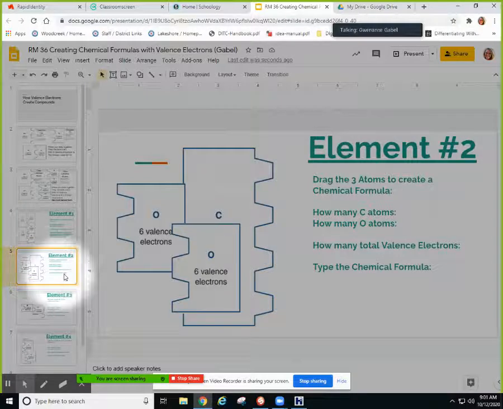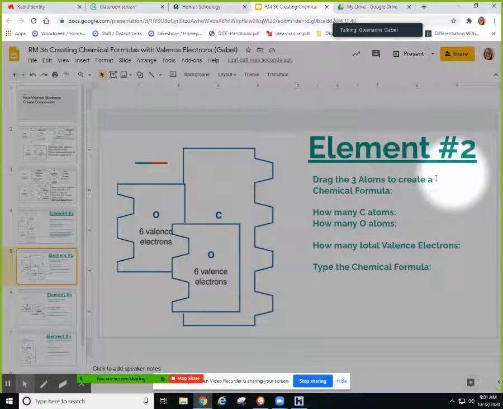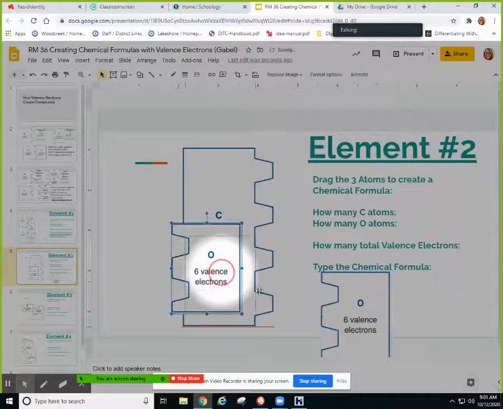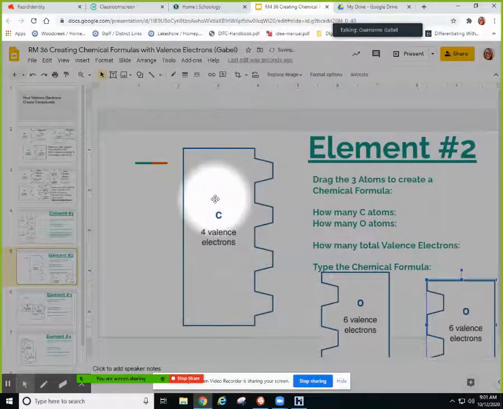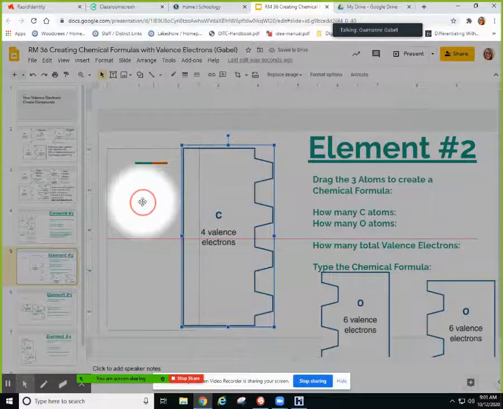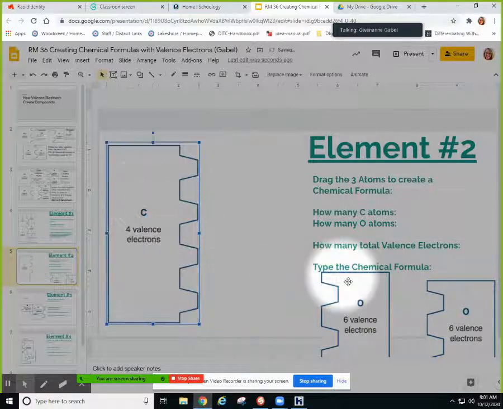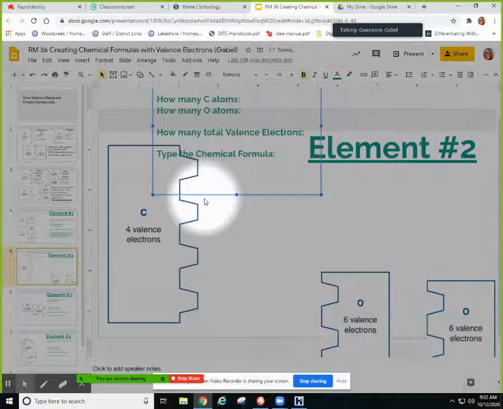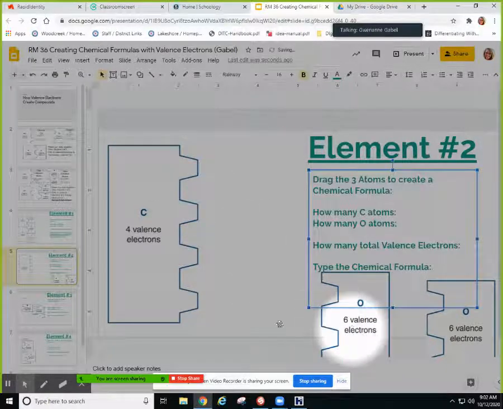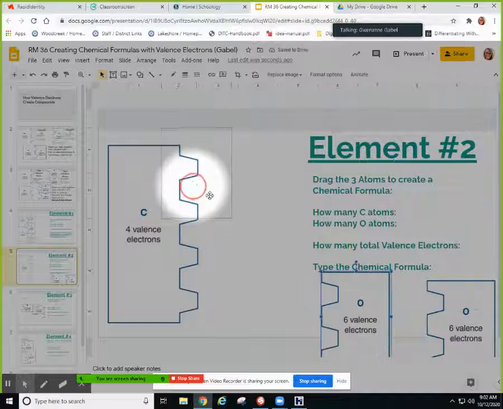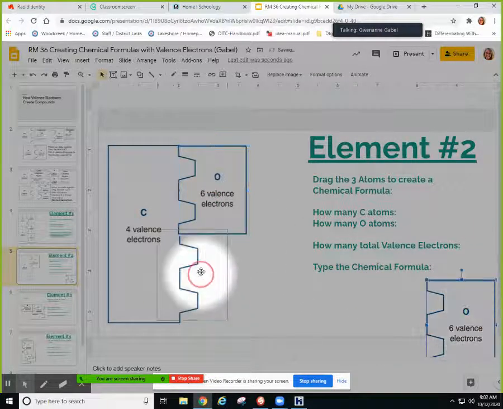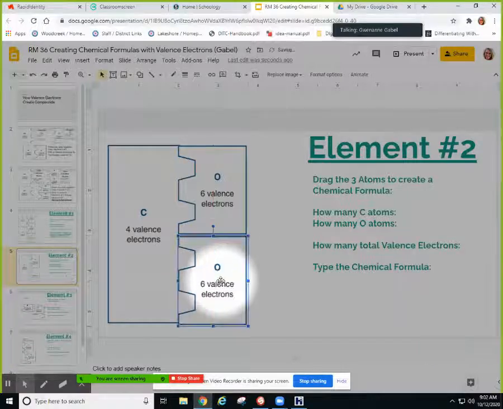Now let's do the second. Okay, so we have 1 big ol' atom of carbon. And we already did this one on paper. Okay, so real quick, I'm going to put oxygen, oxygen. Okay, so let's go ahead and do this.